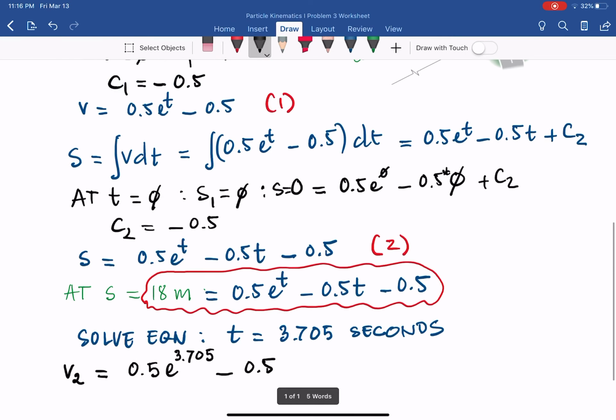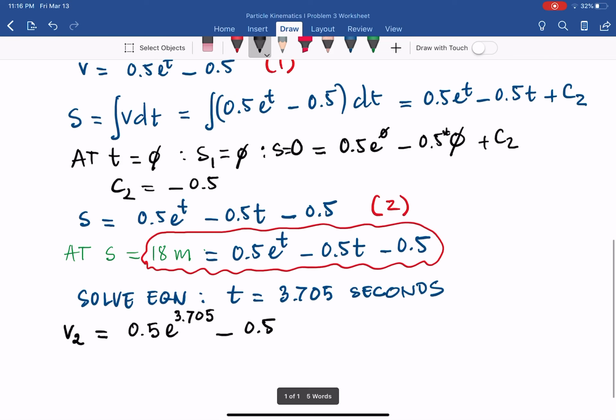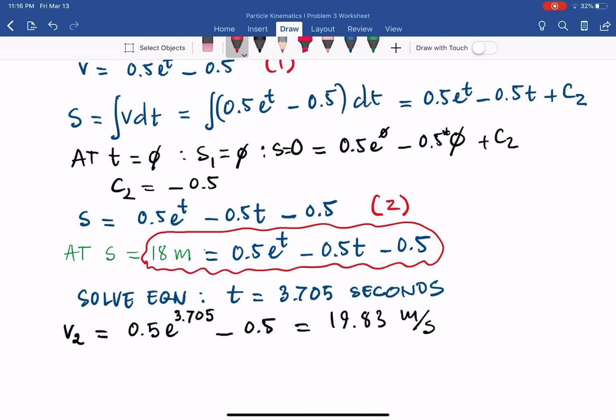So that's the equation there, equation number 1. You see there? So plug it in, we get that one equal to 19.83 meters per second.